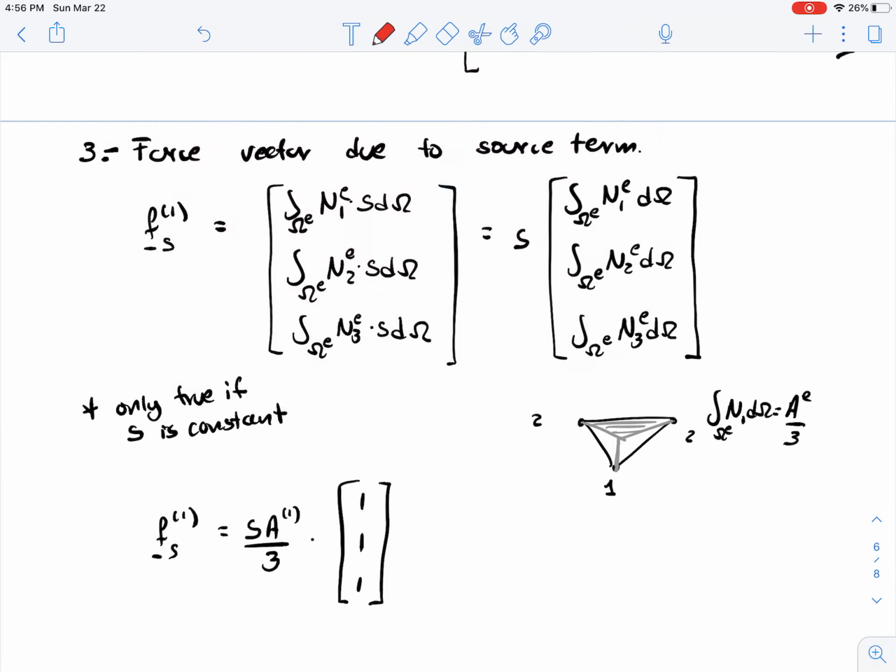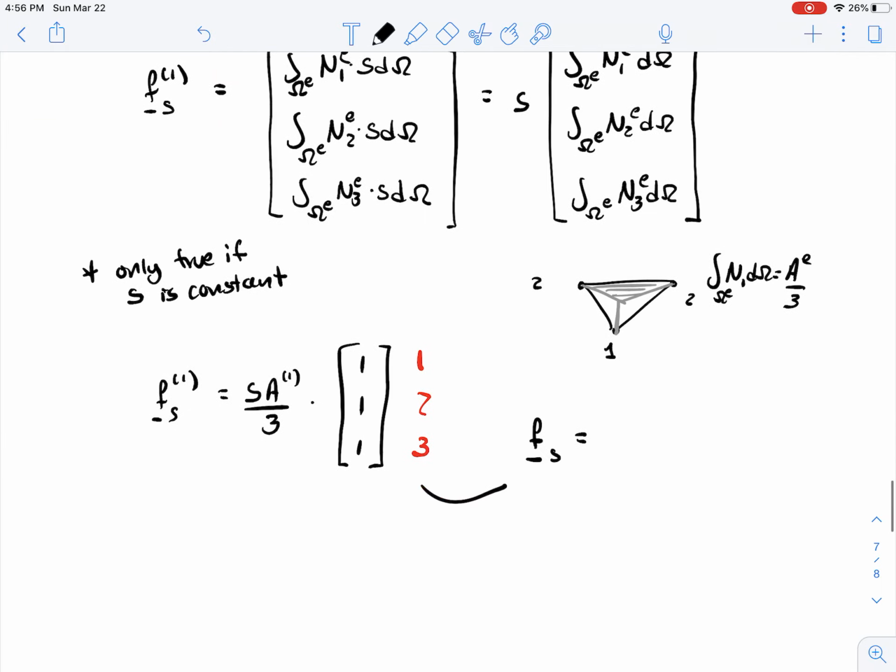And then we want to assemble this. Again, we need the global node numbers, so 1, 2, and 3 for this element. So we have our global vector fs, let me call it fs1 tilde. And that one is the size of the total number of nodes, so that one is 1, 2, 3, 4.